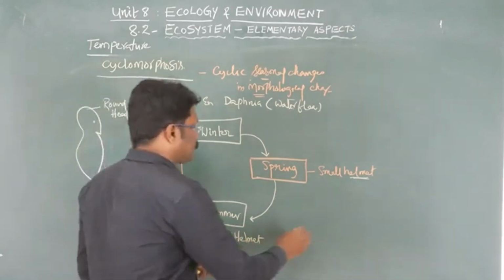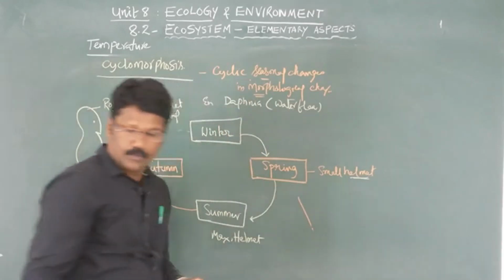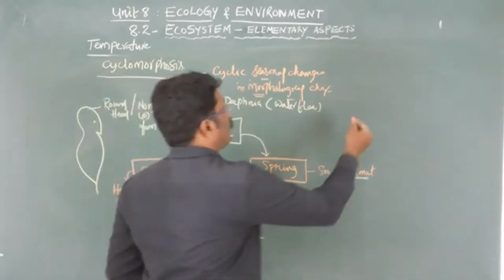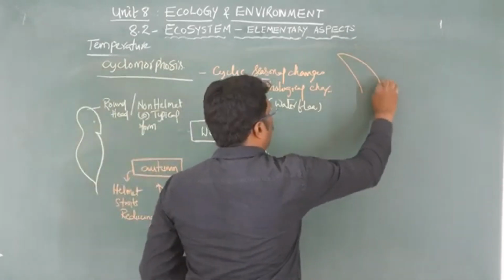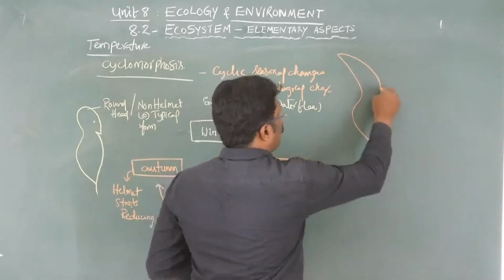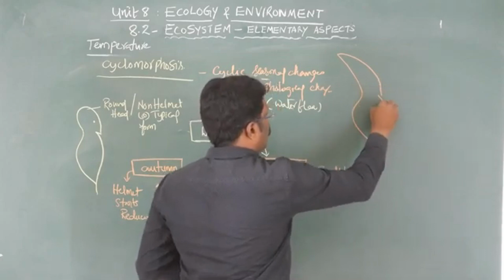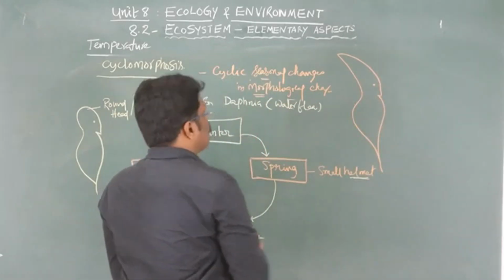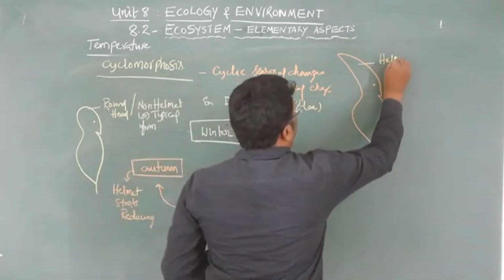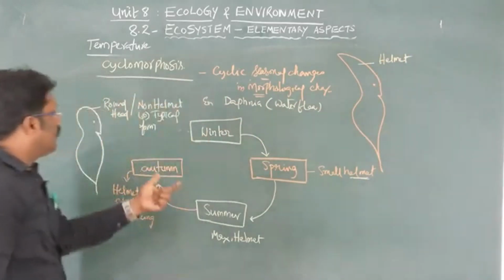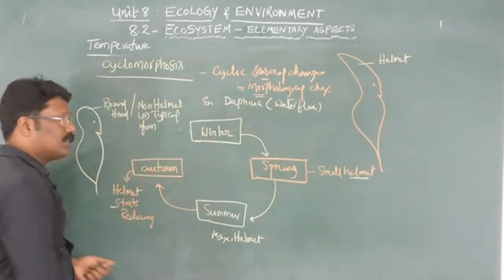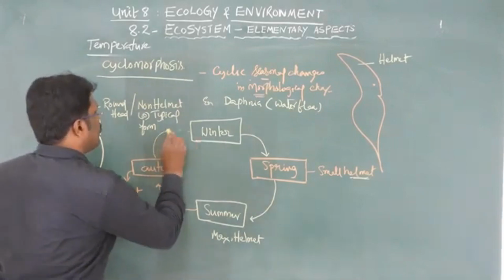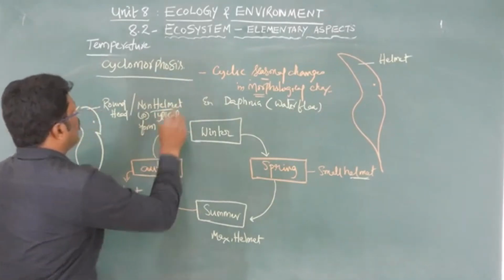We can see a helmet form. So this is the helmet, and by the autumn the size of this helmet starts reducing, and by the time it reaches the winter, it again has no helmet.